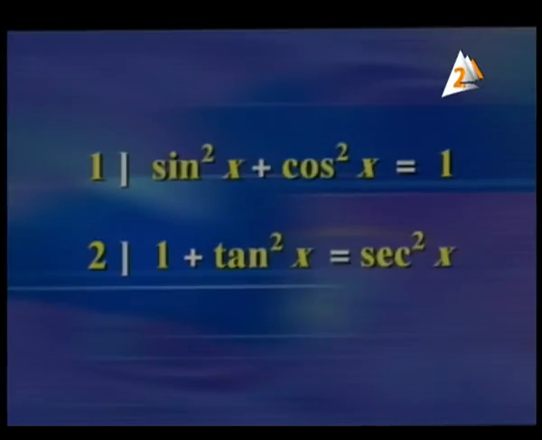The second rule comes from the first rule. If we divide the first rule by sine square, sine square over sine square equals 1, cosine square over sine square equals cotangent square, and 1 over sine square equals cosec square.